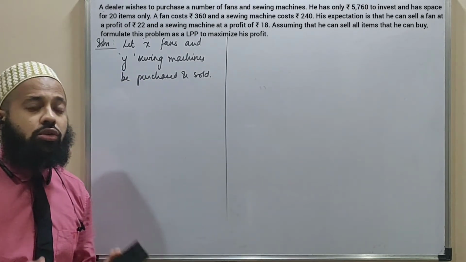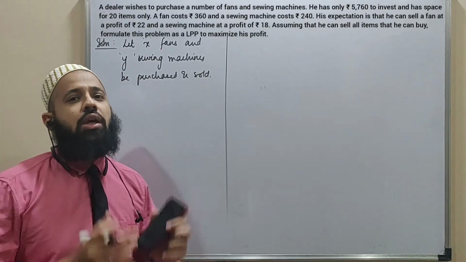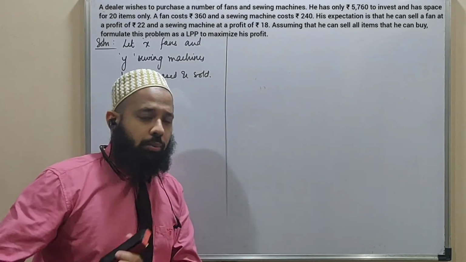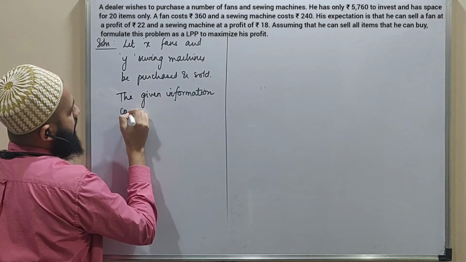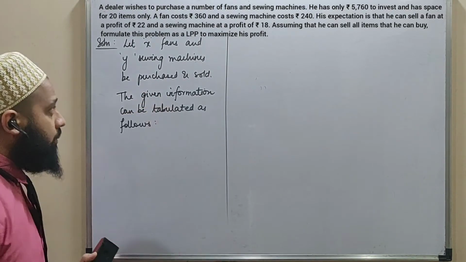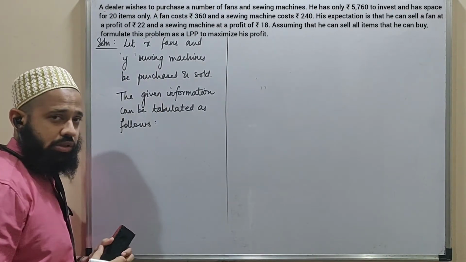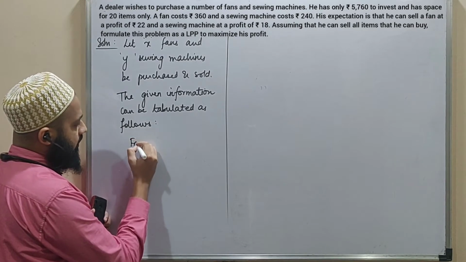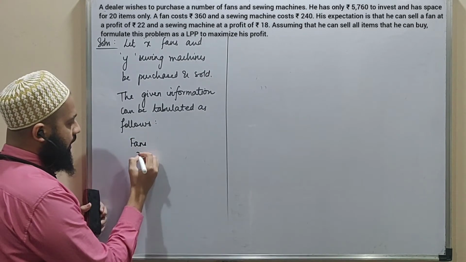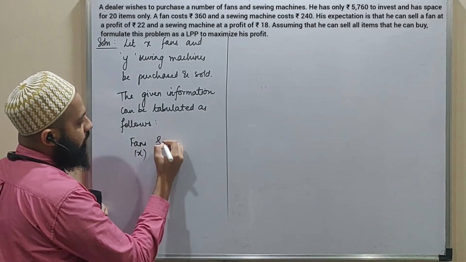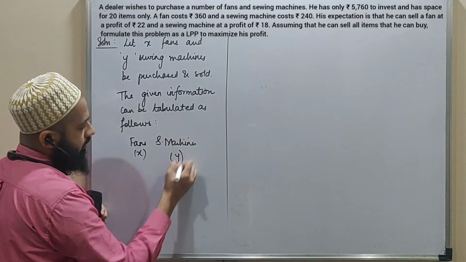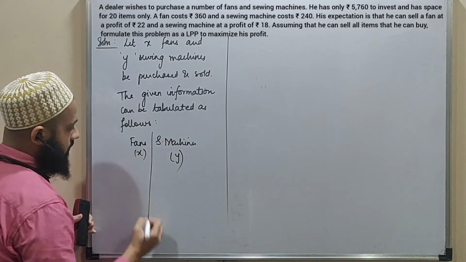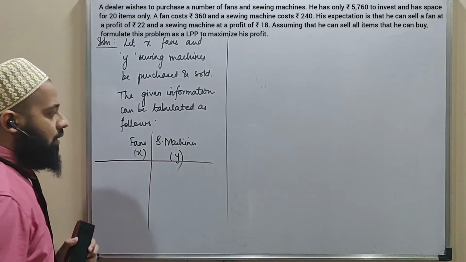We have finished step 2. I will now try to tabulate the information that is given, and then we will look forward to completing the remaining steps. So we are talking about fans and sewing machines. As we decided that x and y will be columns, fans is going to be x and sewing machines is going to be y.